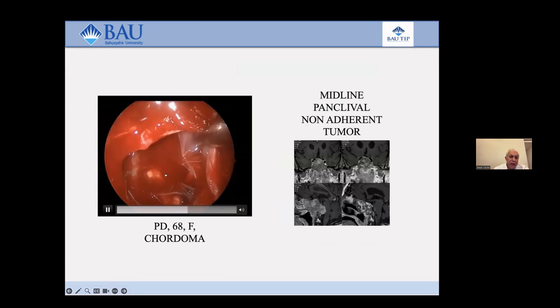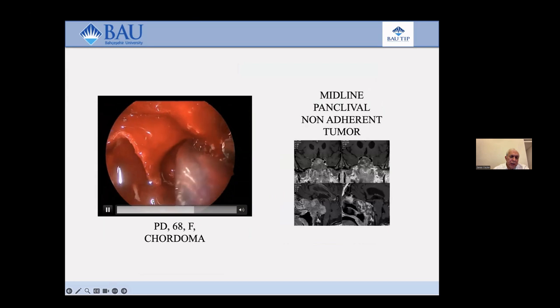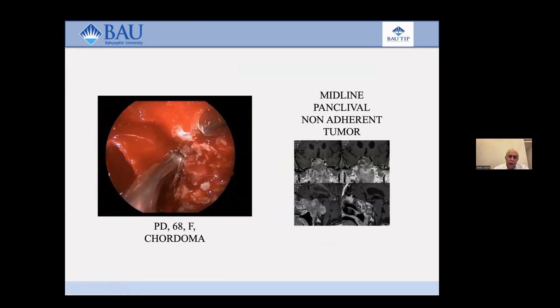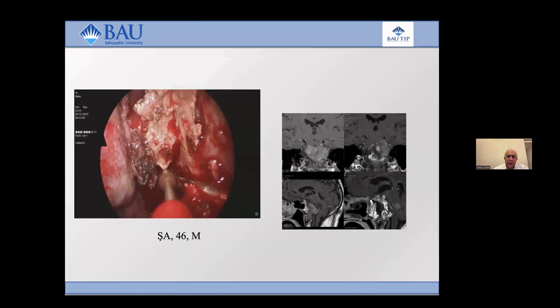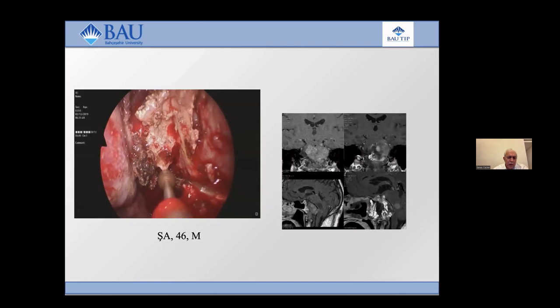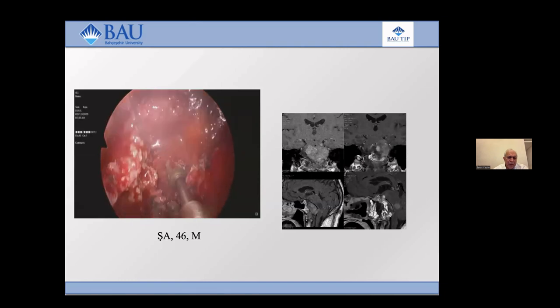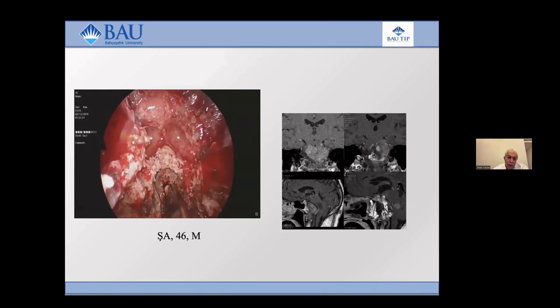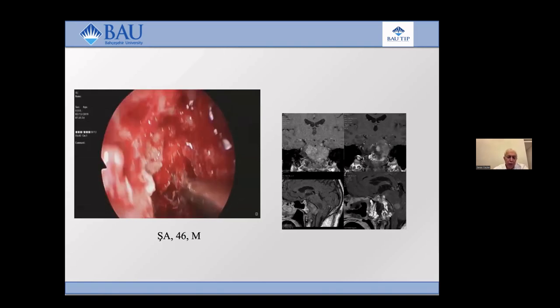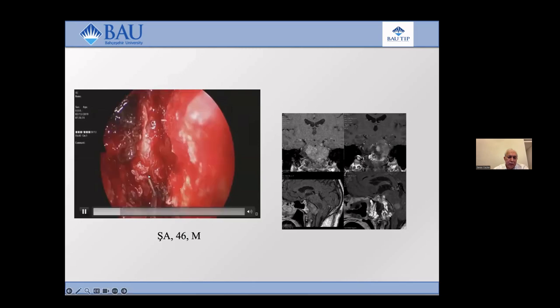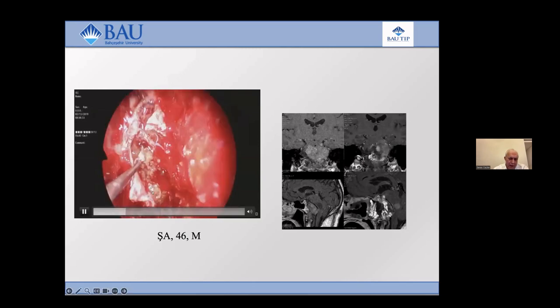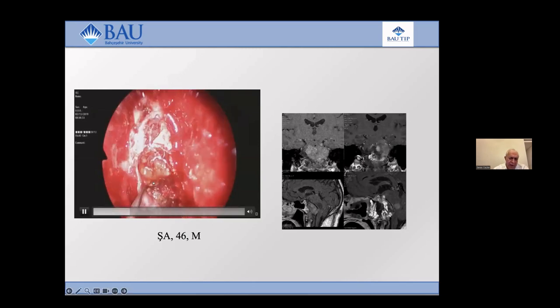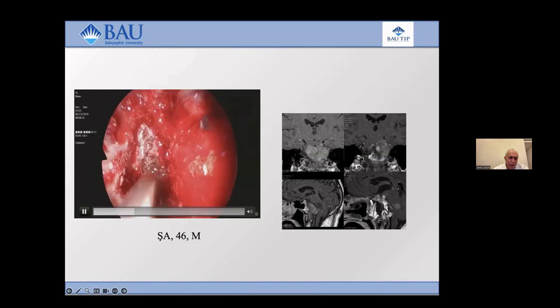And in this case, we reach the lower cranial nerves. The other case, one of the most difficult cases in our series, is a huge intradural tumor. Firstly, we explore the clival dura, and then the clival dura is opened vertically, and then we explore the tumor.